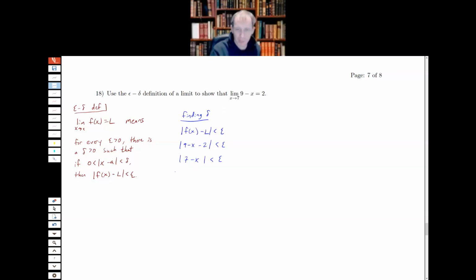I have 7 minus x, so I'm going to factor out a negative 1. So this will be negative 7 plus x, or I could write that as, put the x in front, x minus 7. And if you have two multiplied things in absolute value, you can write those as multiplied absolute values. And of course, the absolute value of negative 1 is just 1.